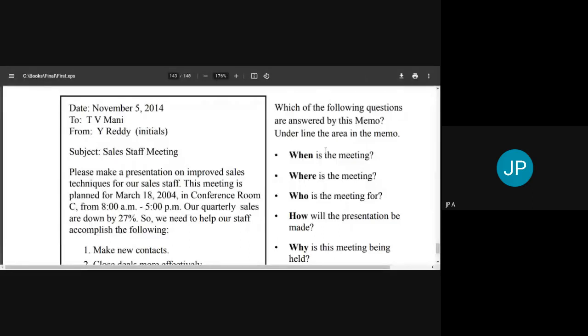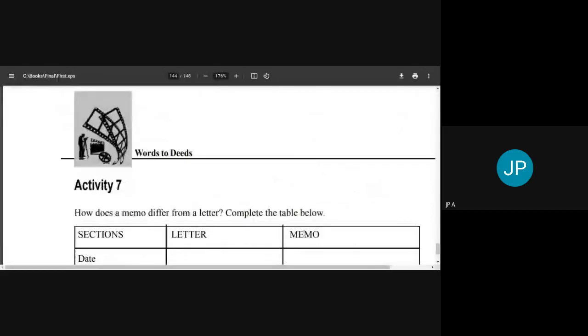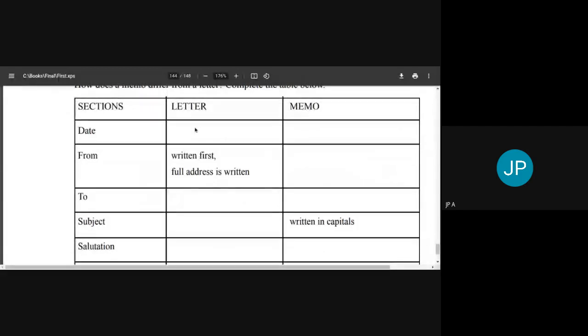Now let us look at some of the things that we have to remember when we prepare a memo. There are some differences which are clearly shown here in the table. In a letter and a memo, there are similarities. In the letter and memo, the date is written first. But in a letter, the from address is written first, the full address is written.